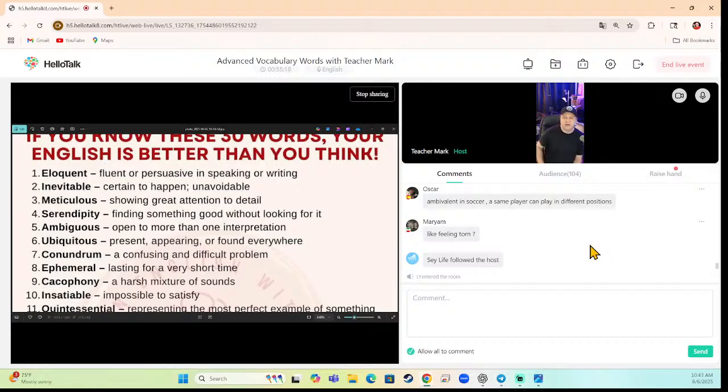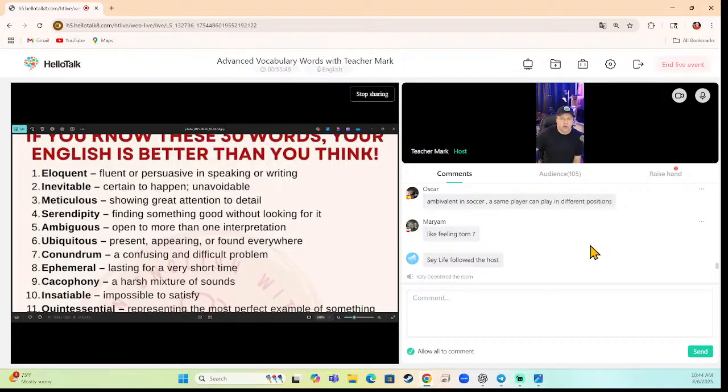Ambivalent in soccer, the same player can play in different positions. I would say... I don't think that's the right word for what you're trying to say.